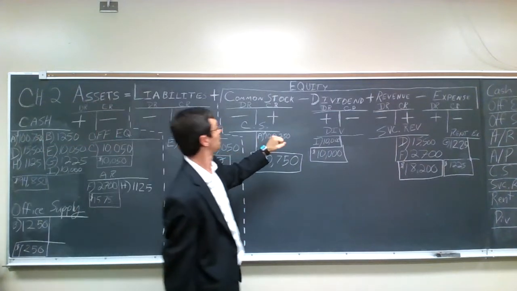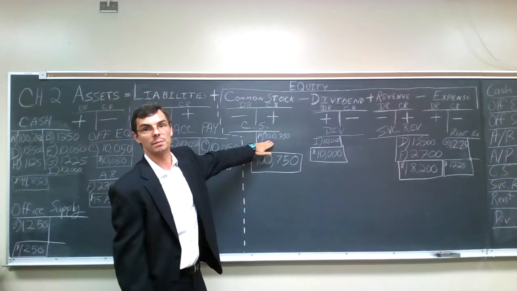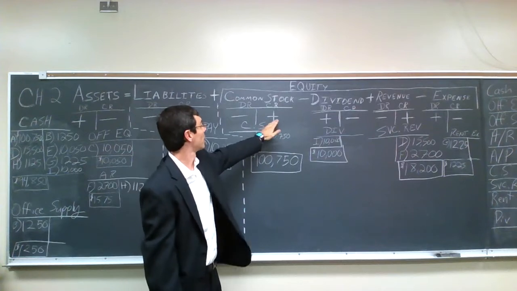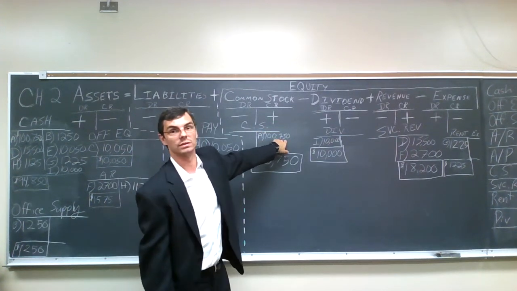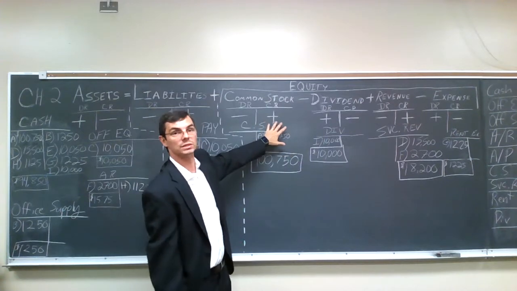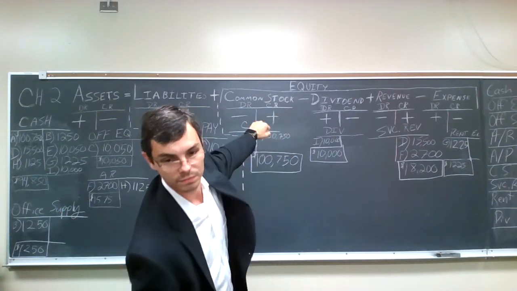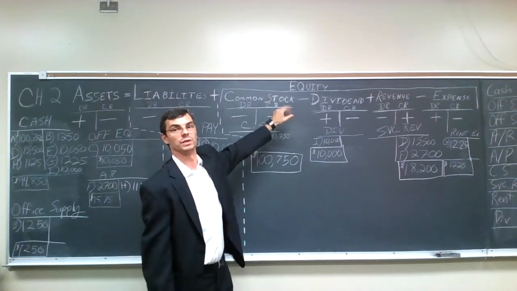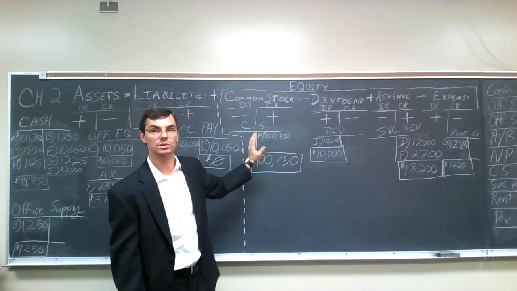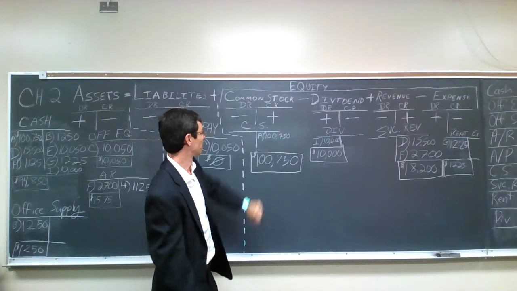And then the corresponding account is here under common stock. Notice it's a credit, an increase in common stock, $100,750. Now this doesn't represent an increase in Casey's stock. This represents an increase in the amount of stock the company issued. That's the business entity assumption, we keep the recording separate, so we have to go with that there.